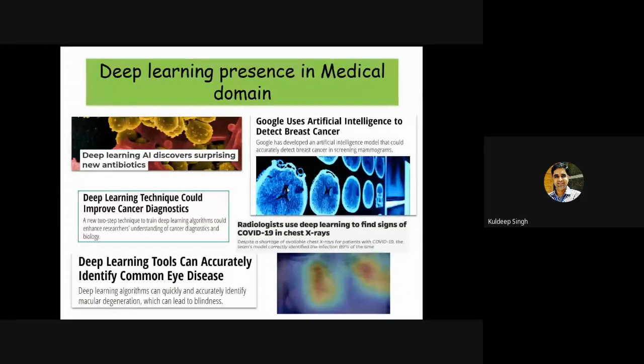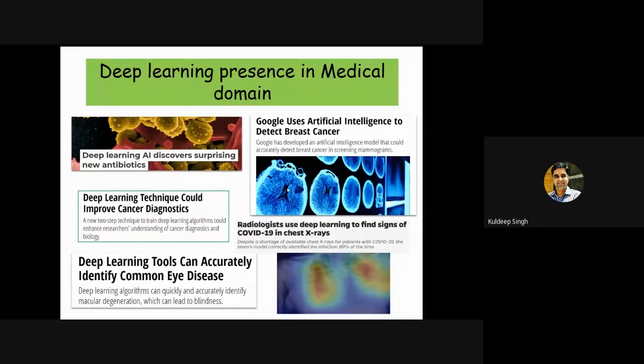So the researchers have found an alternate method of detecting coronavirus in COVID patients from chest X-rays. Radiologists use deep learning algorithms to find signs of COVID-19 in chest X-ray images. That is a very helpful alternate solution in times where we have a scarcity or shortfall of testing kits. So this can provide an alternate solution for testing coronavirus.